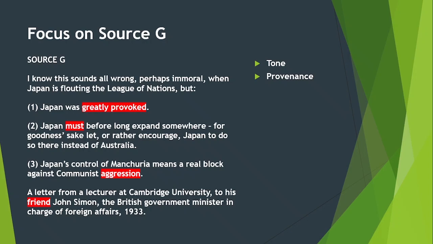The purpose of writing to his friend in such an emotional tone may have been to sway the League's vote on the Lytton Report, which was at the end of February 1933. Again, we don't have a precise date for the source.